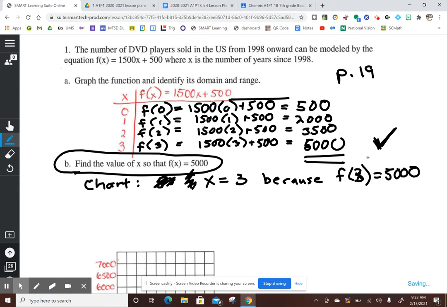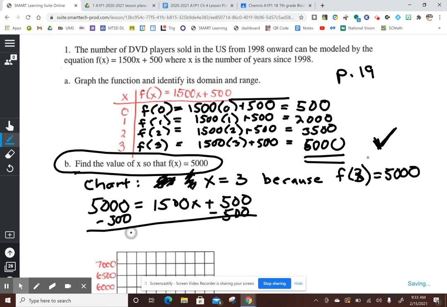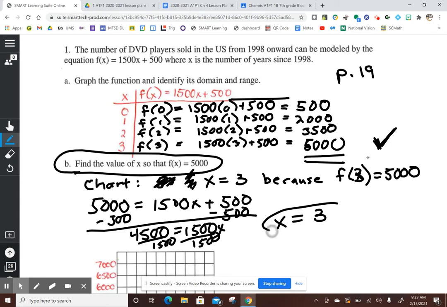Now, another way we could have done that is if f of x is 5,000, then I substitute 5,000 for f of x. And now I just solve this equation for x. And I get 4,500 equals 1,500x, divide by 1,500, divide by 1,500, and x equals 3.